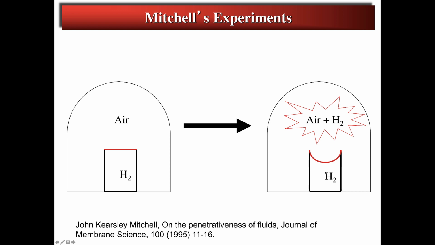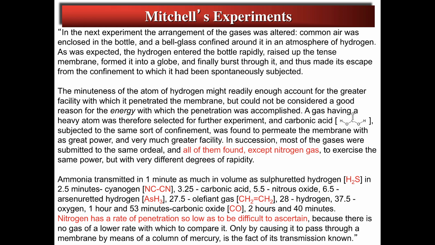And so, seeking to understand this further, he reversed the experiment like the Abbé Nollet did. So put air inside the bottle and have a bell jar that has hydrogen around it, and then the hydrogen enters the bottle and causes the membrane now to stretch in the opposite direction, formed into a globe, and finally burst.